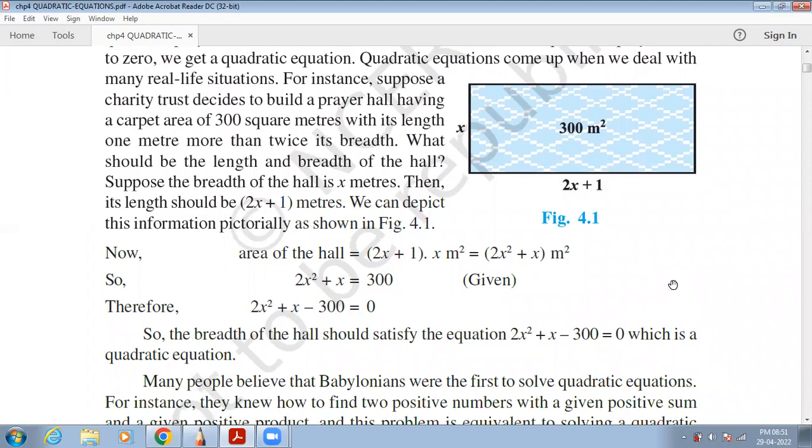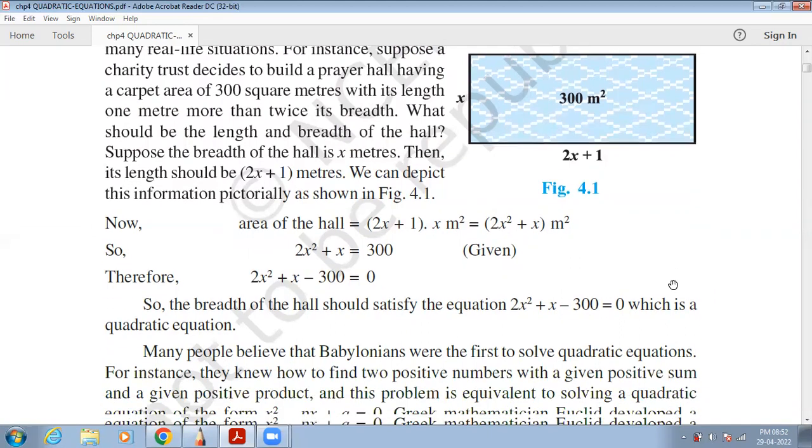Suppose the breadth of the hall is x meters, then its length should be 2x plus 1 meters. We can depict its information pictorially. The area of the hall should be 300 meters square, and its sides should be x and 2x plus 1. Then you just multiply that and equate it to 300, and you get a quadratic equation.